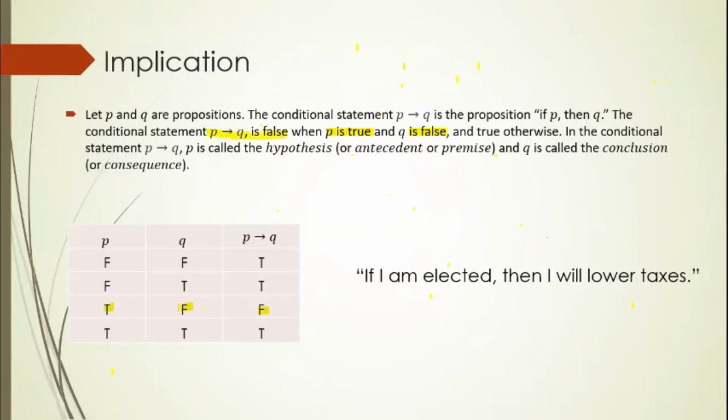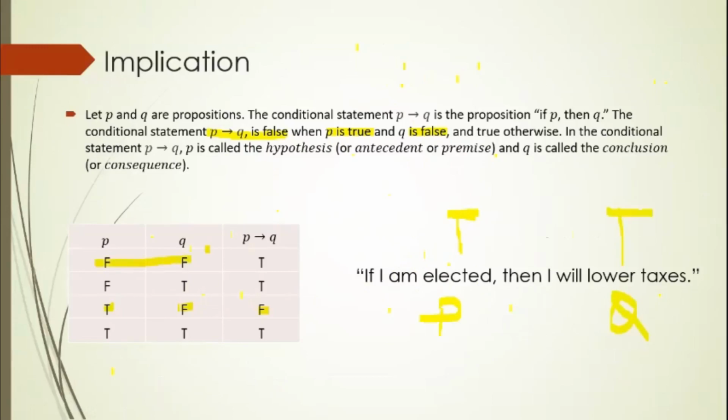Okay, so a statement here, if I am elected, then I will lower taxes. So let us assume that this statement is both true. This is your P and this is your Q. So how will we make this statement false?